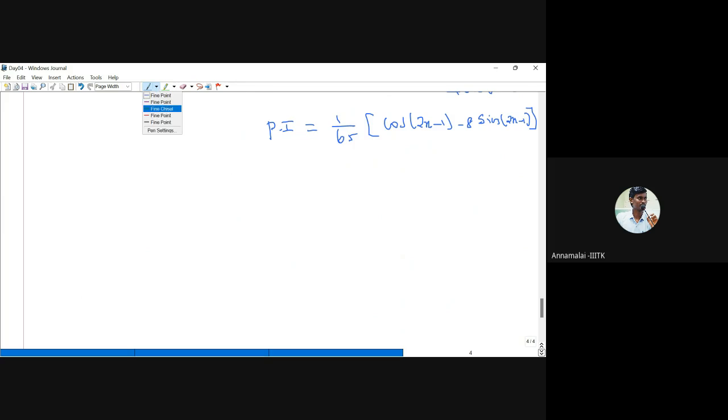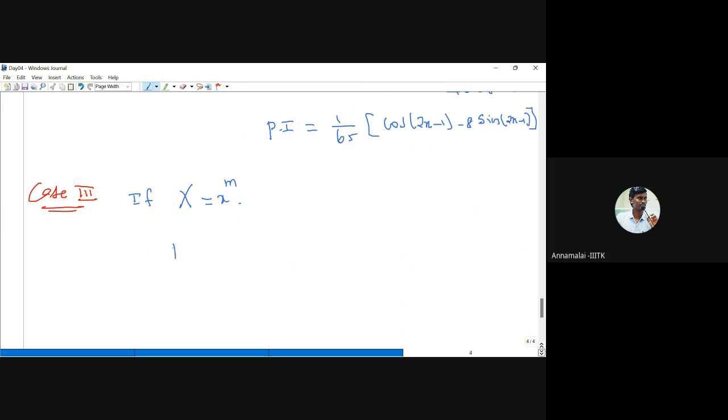Now the third case, case 3. The right hand side function, capital X, is x power something. If capital X is x power m, a polynomial, just x power m, in that case what is the particular integral?